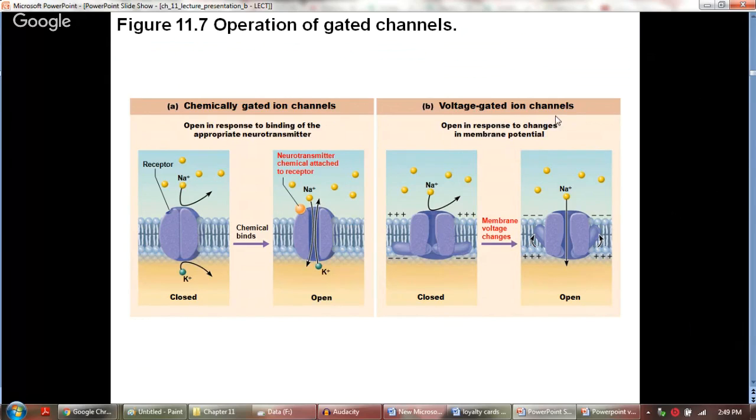With voltage-gated ion channels, the membrane potential outside is plus and inside is minus. When the membrane voltage changes, outside becoming negative and inside becoming positive, the ion channels open up.